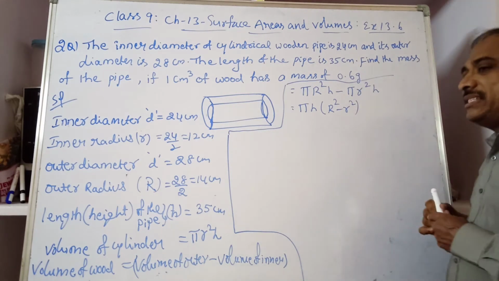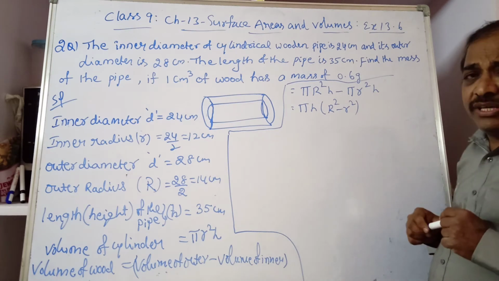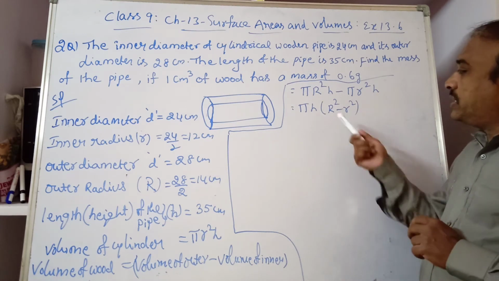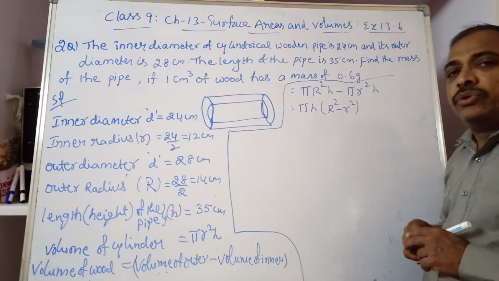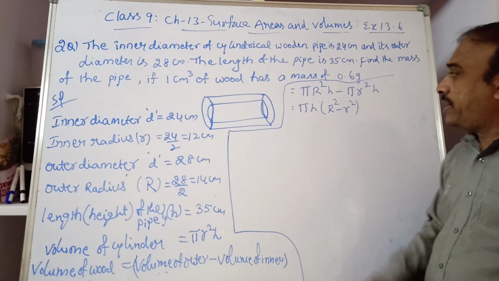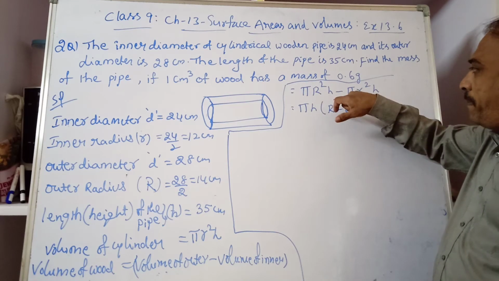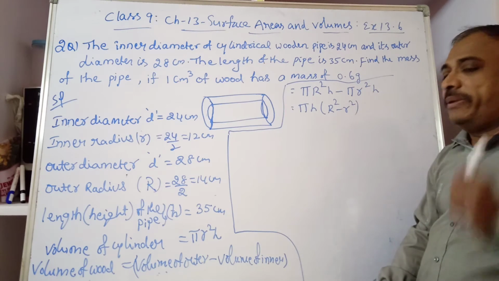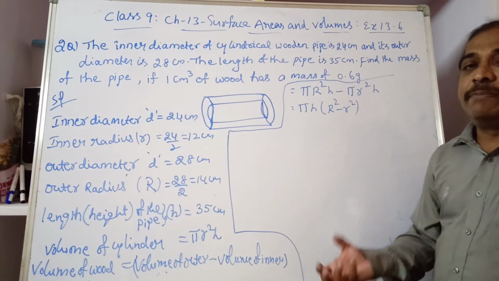In class 8 and class 9 we learned identities like a square minus b square, which can be expressed as a plus b into a minus b. We take pi and h common because it is easy to simplify.